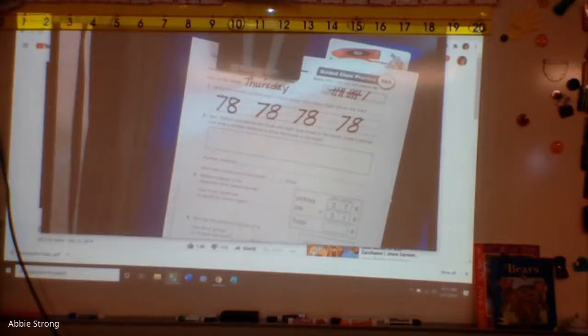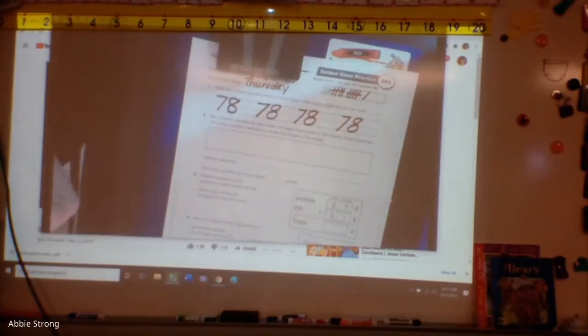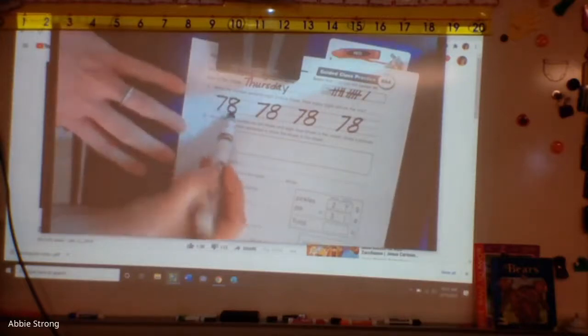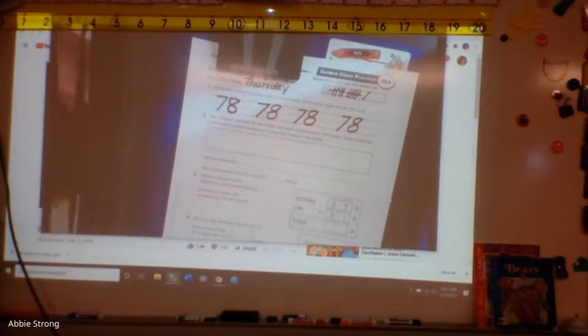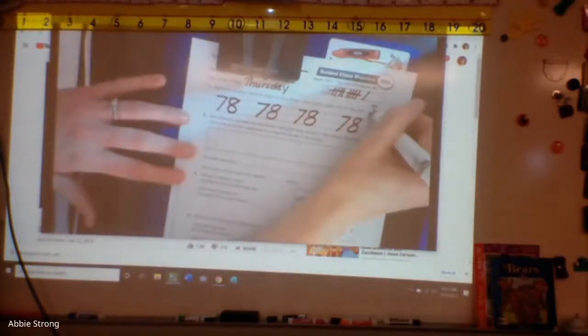How many digits are we putting on this line here? Mia, how many? Count all the numbers. 4. We're not doing 4 because that's not all the individual numbers. You need to count all of the 7s and all of the 8s. So try again. You're right, we wrote 4 numbers, but the digits are all the individual ones. 8 it is, yep. So put an 8 on that line.